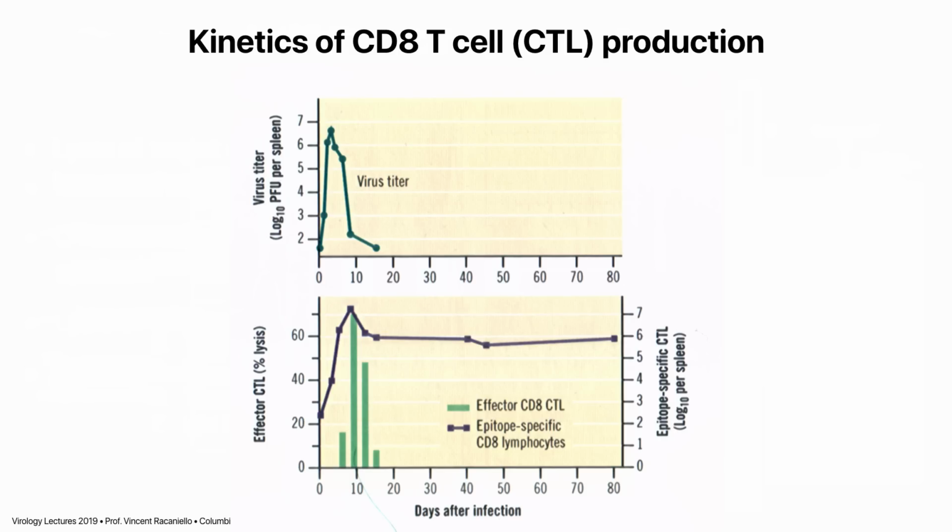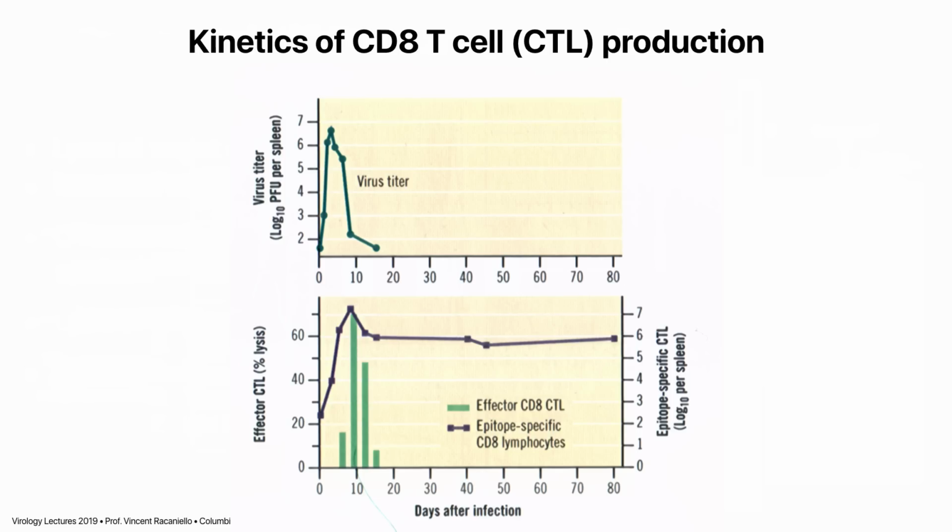When an animal is infected with a virus, you can measure CTL production, cytotoxic T lymphocytes, CD8 positive T cells. Here on the top is virus titer. So this is an animal experimentally infected with a virus, and we're looking at virus titer here in the spleen in this particular animal. You can see very rapid peaking of virus by day 5 or 6, and then a rapid decline.